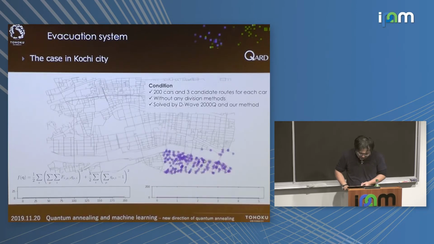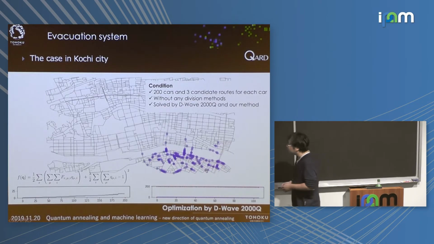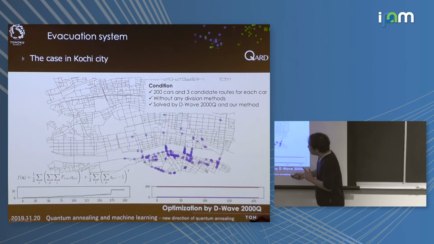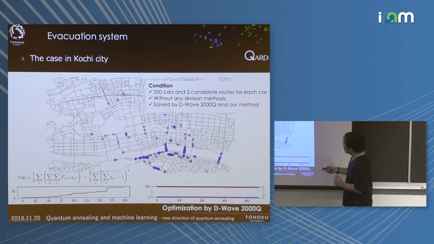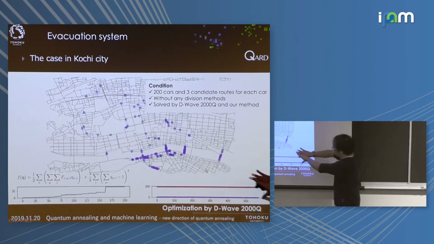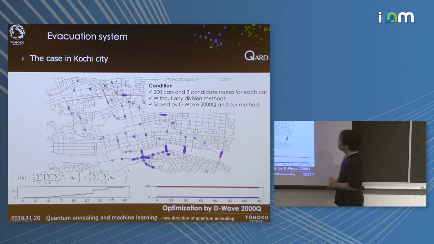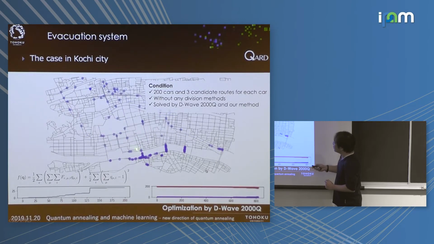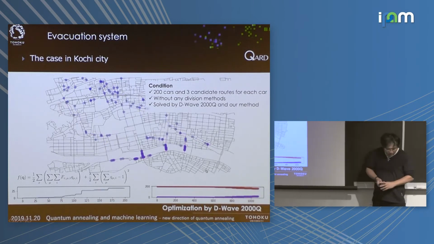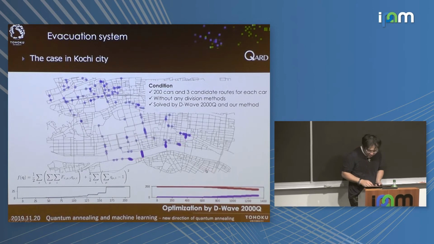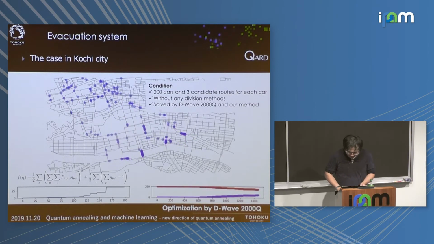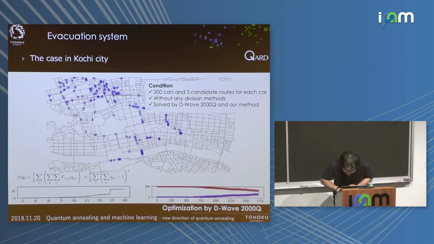But if we consider an optimization problem, here is the energy function, and then we perform the optimization. Then there is some scattering of the cars and a reduction of the congestion for each bridge, so they efficiently escape from the congestion and from dangerous spots. So these are some applications and demonstrations of quantum annealing.